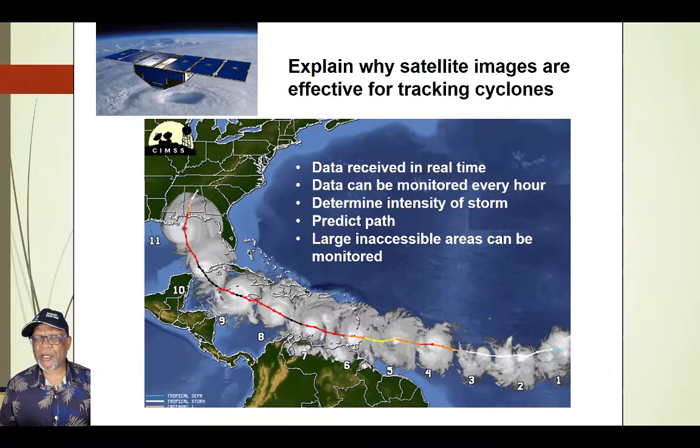It can determine the intensity of the storm, whether it is category 1, 2 or 3, and we prepare differently for different categories of storms. You can also use satellite images to predict the path so that people can be given timeous warning about which areas to avoid and which areas to go to for evacuation.